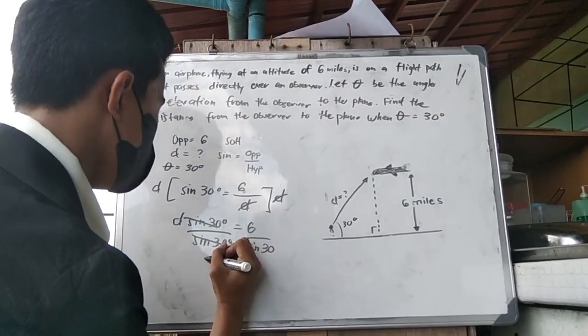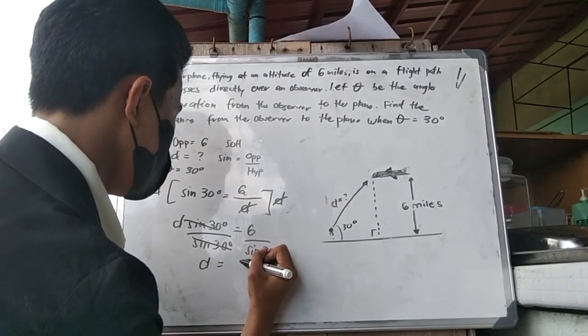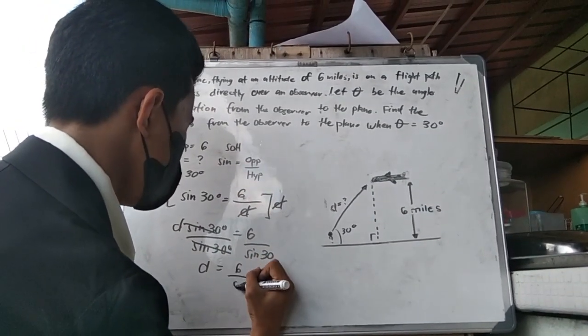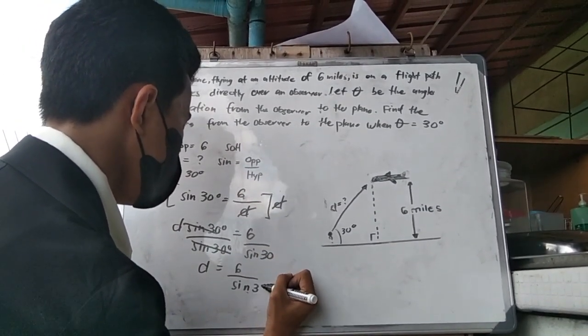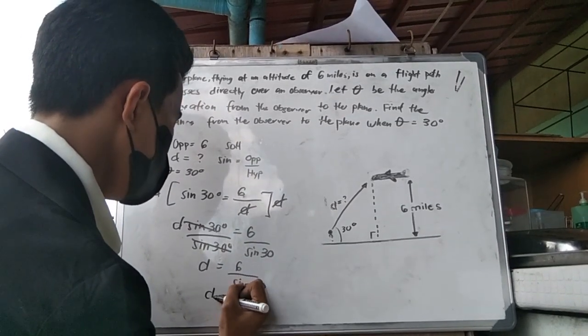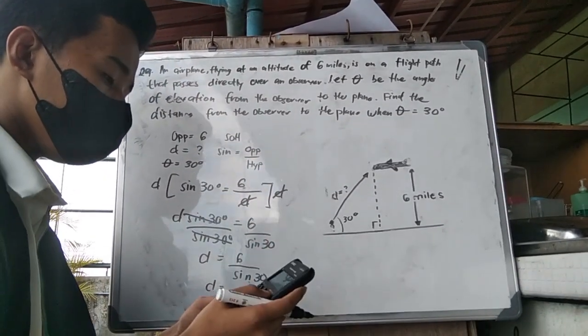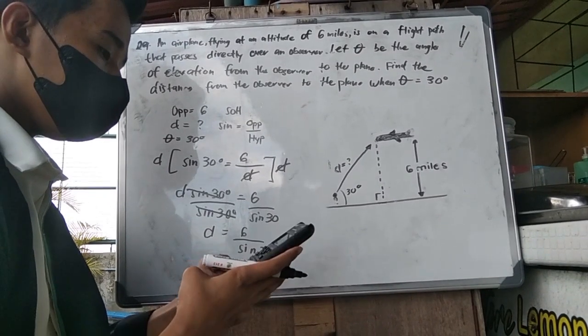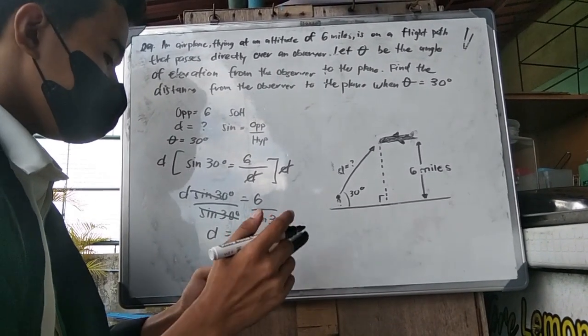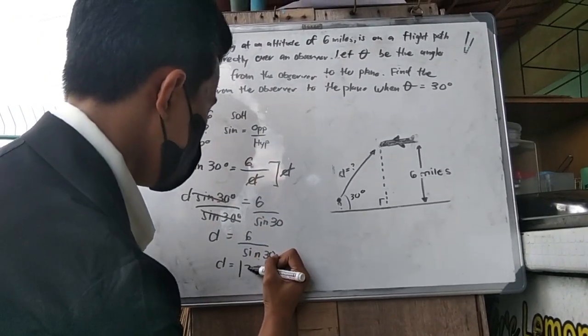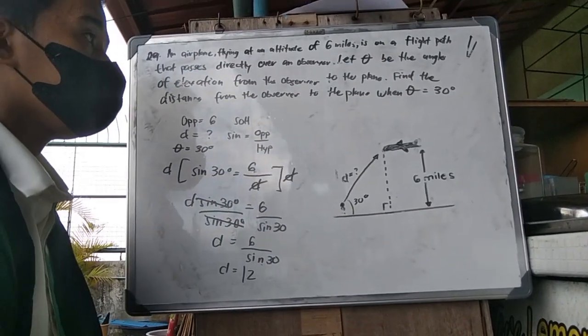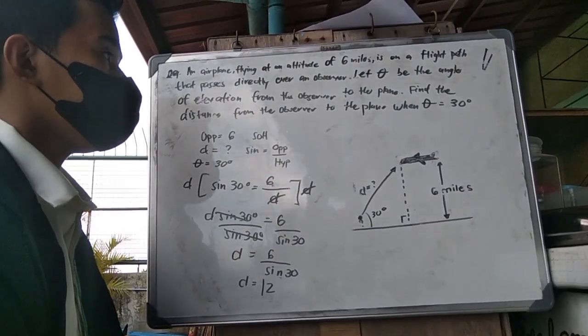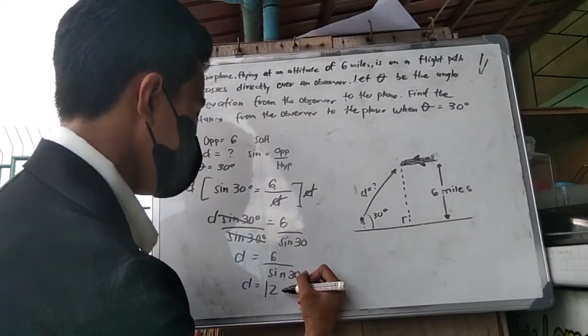Cancel, and d is equal to 6 over sine 30. So, if we type this in our calculator, we will be able to get the answer, which is 12. So, the distance between the observer and the plane is 12 miles.